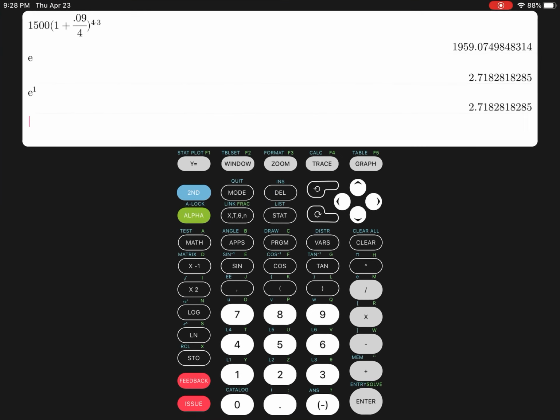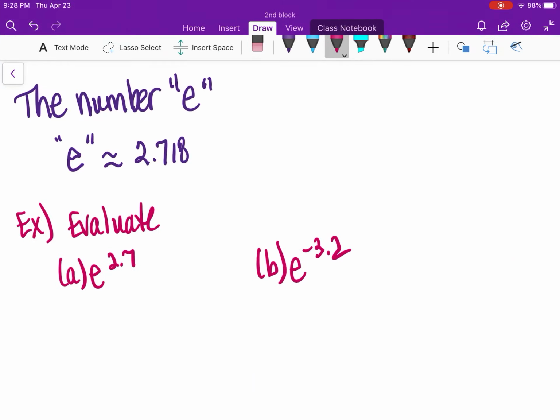So the quickest way to do the problem on my calculator would be to use the E at the LN button. So if I hit second LN, then I can just type in 2.7. And so E to the 2.7 is about 14.88. And then if I want to know E to the negative 3.2, I type that in. It's about 0.04. So that's how you use your E button.